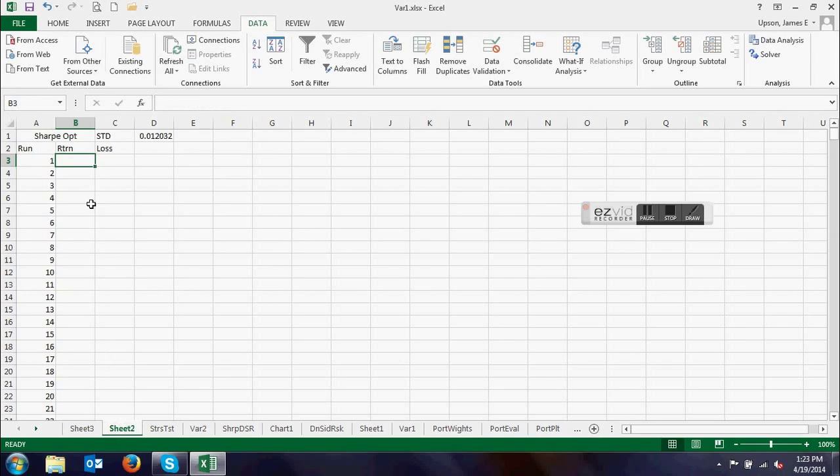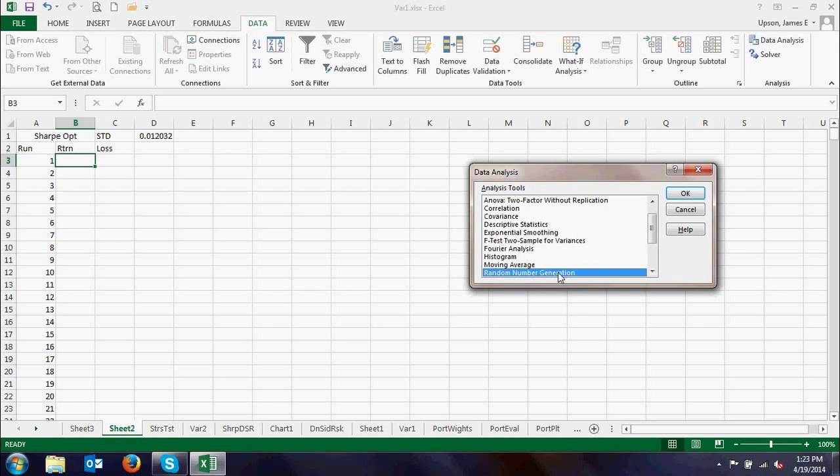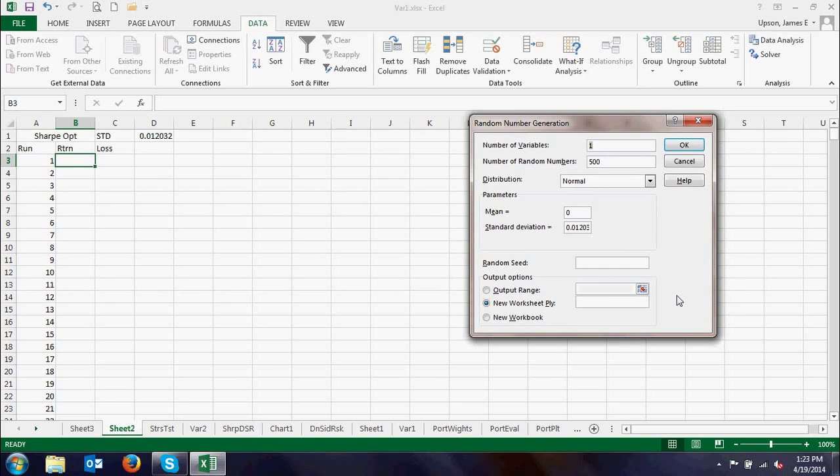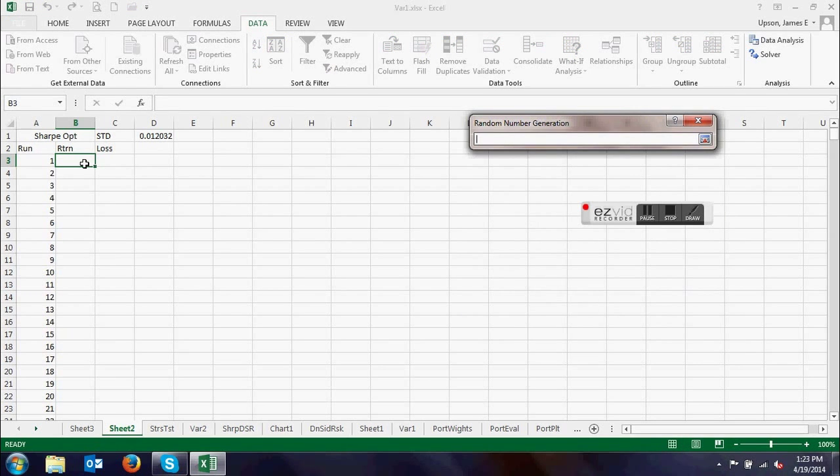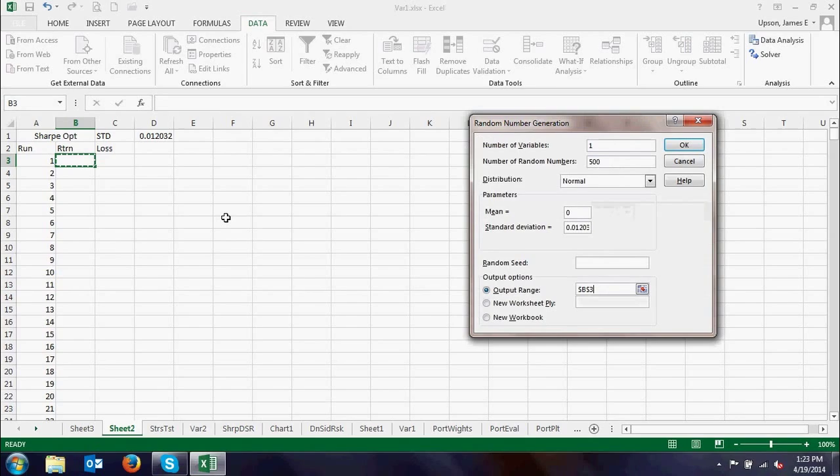Go back again. Random number generation. Output range. Oh, sorry. Click on output range there. Output range is this guy. And again, we want one variable, 500 random numbers being generated, and our standard deviation. We'll click OK.